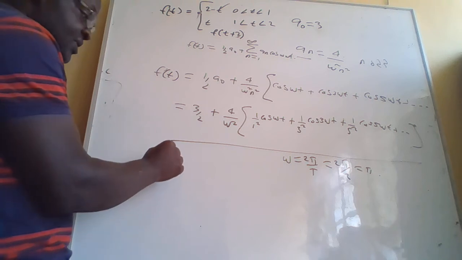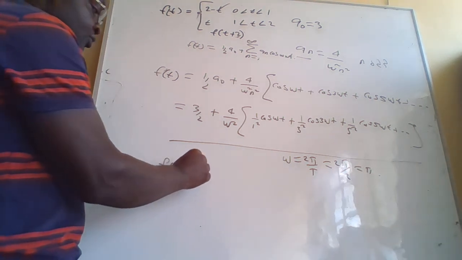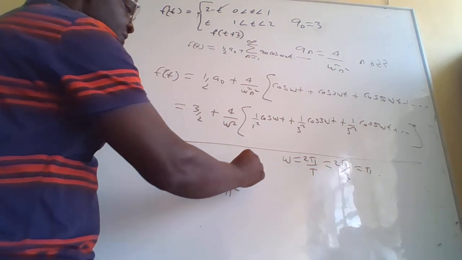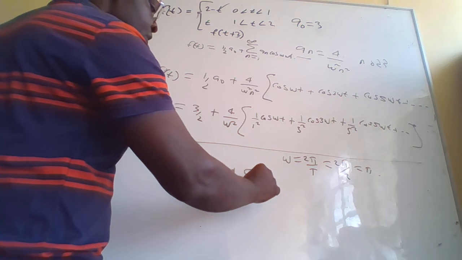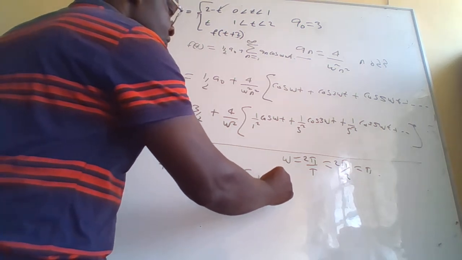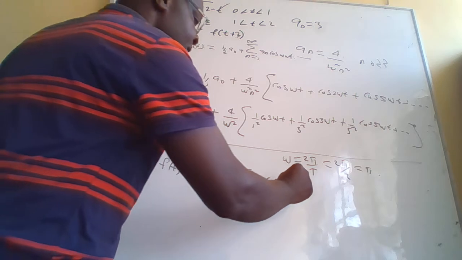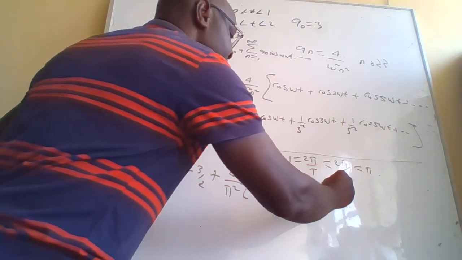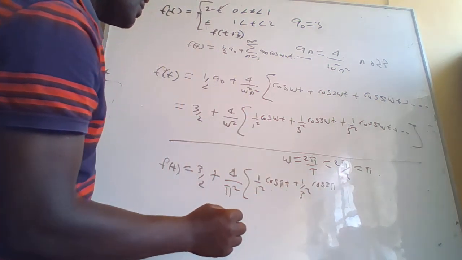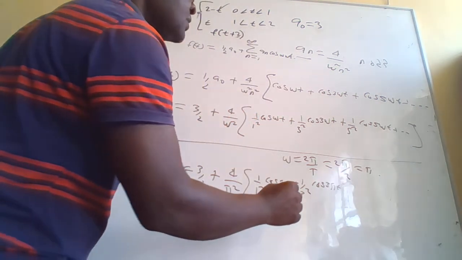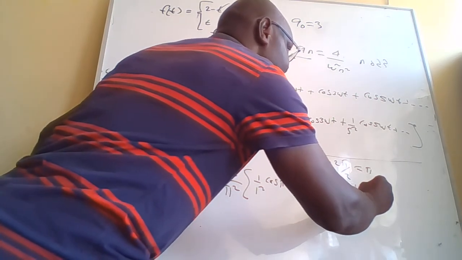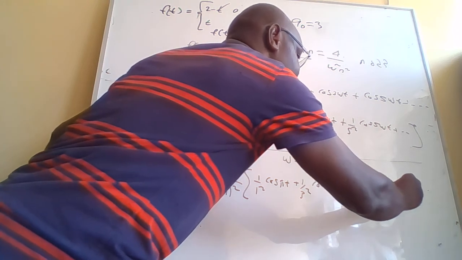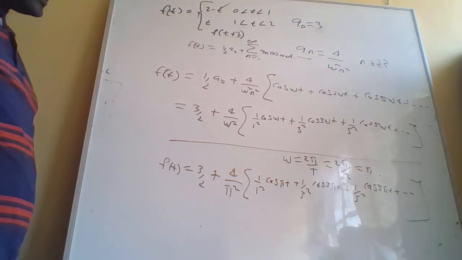So we can still write this one as f of t equals 3 all over 2 plus 4 over pi squared into 1 over 1 squared cos pi t plus 1 all over 3 squared cos 3 pi t plus 1 all over 5 squared cos 5 pi t, etc., etc.